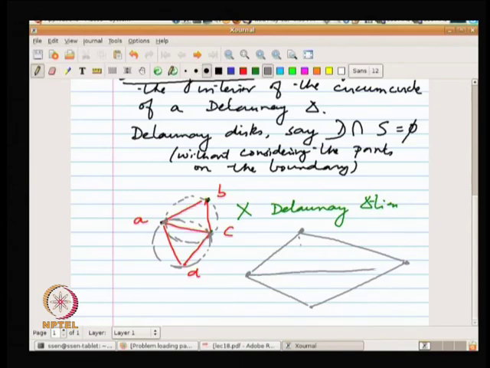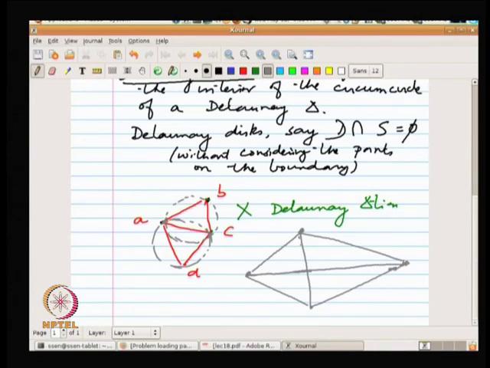So one of these two diagonals must satisfy the property of the empty disk. And why is it so?